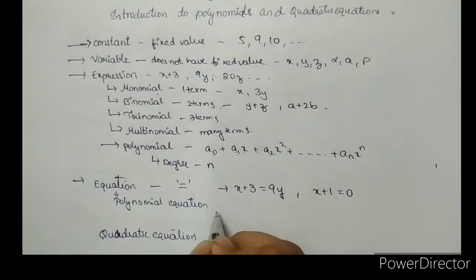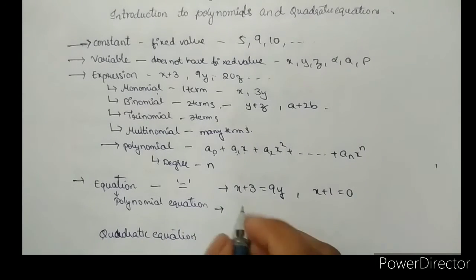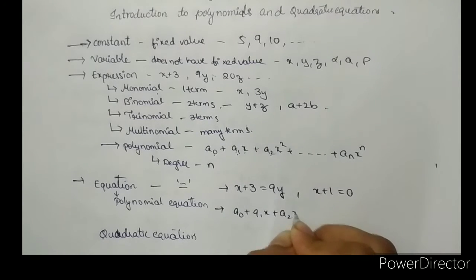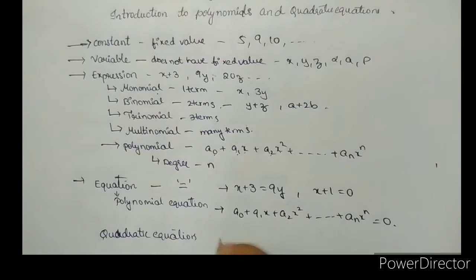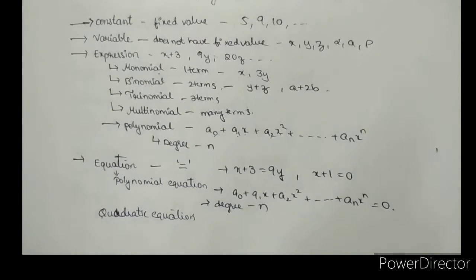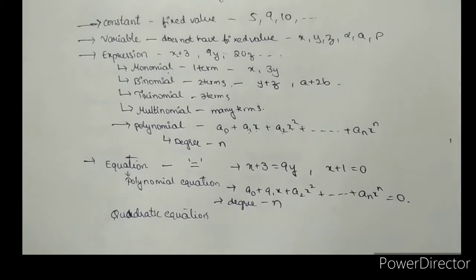So what is a polynomial equation? A polynomial equation is of the form a0 plus a1x plus a2x square plus and so on, an x power n equals to 0. And similarly here also the degree is n. By this time you have understood what is meant by a quadratic equation, right?